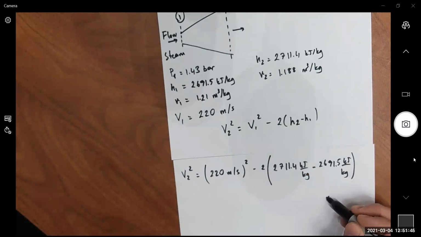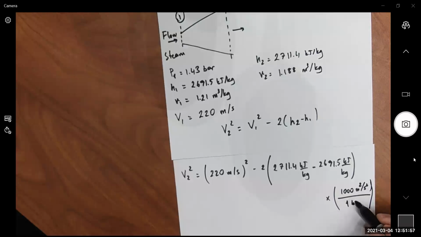Times 1,000 meters squared per second squared over 1 kilojoule per kilogram. I need a unit conversion to make these units equal. So V2 from here is 92.7 meters per second.